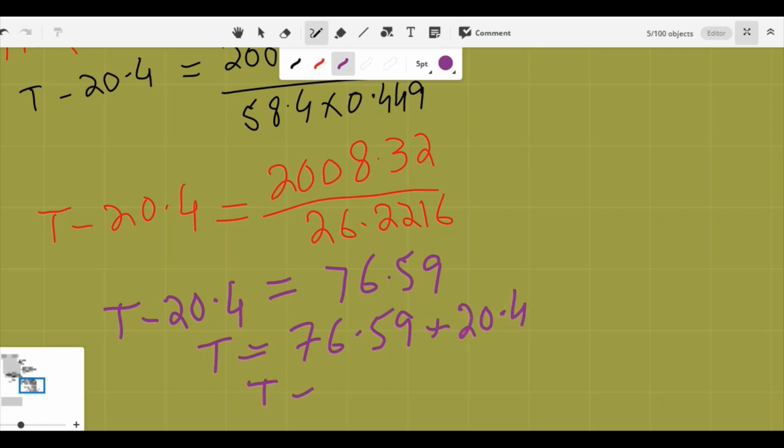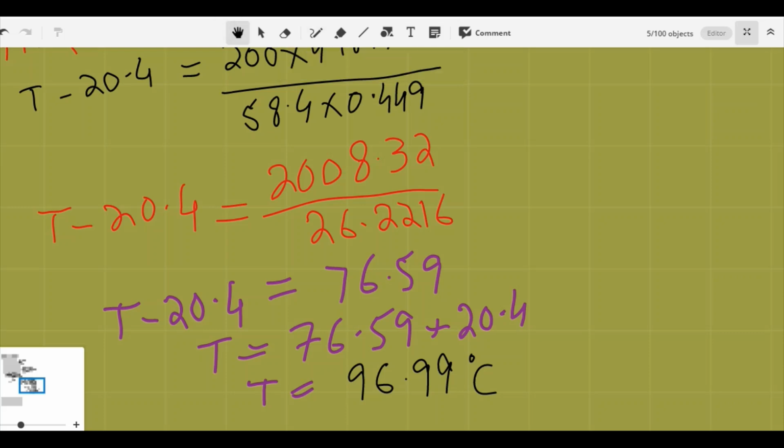The initial temperature will equal 76.59 plus 20.4, that is equal to 96.99. That is your initial temperature in degrees Celsius.